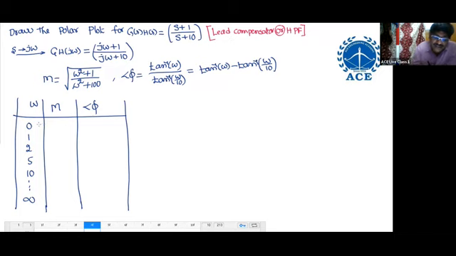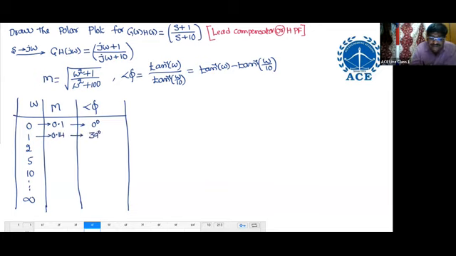So at omega 0, what is the magnitude? It is 0.1. What is the phase angle? 0 degrees. Omega 1: the magnitude is 0.14, and the phase angle is 39 degrees.